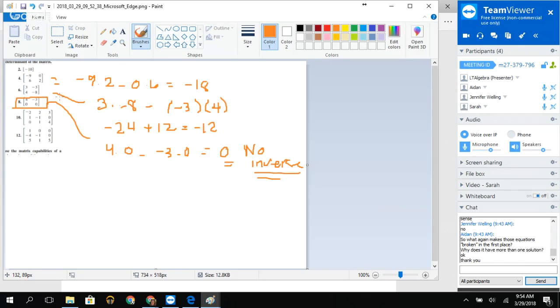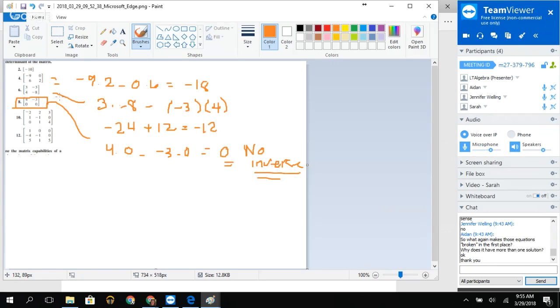Okay, so that was a lot of different pieces of information. I know we didn't cover a whole lot of new sections, but I think that understanding why we're doing all these things is really important, instead of just, hey, this is how you find the inverse, this is how you find the determinant. Now we know why it actually is useful.